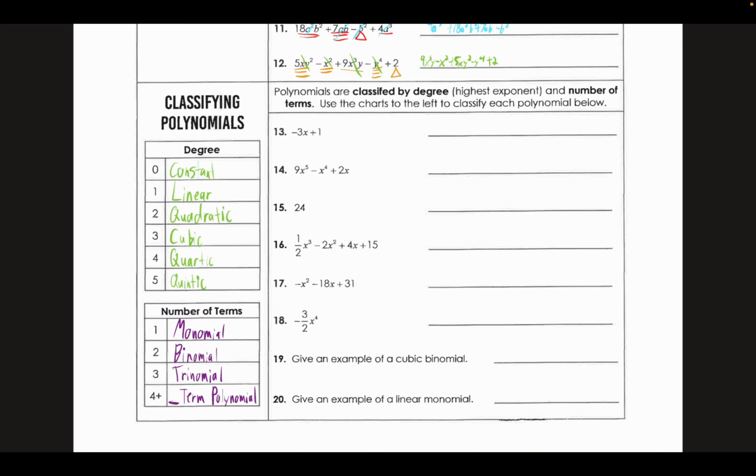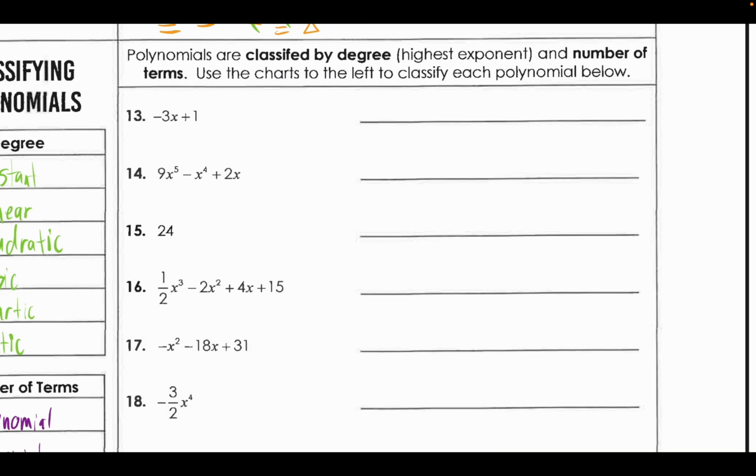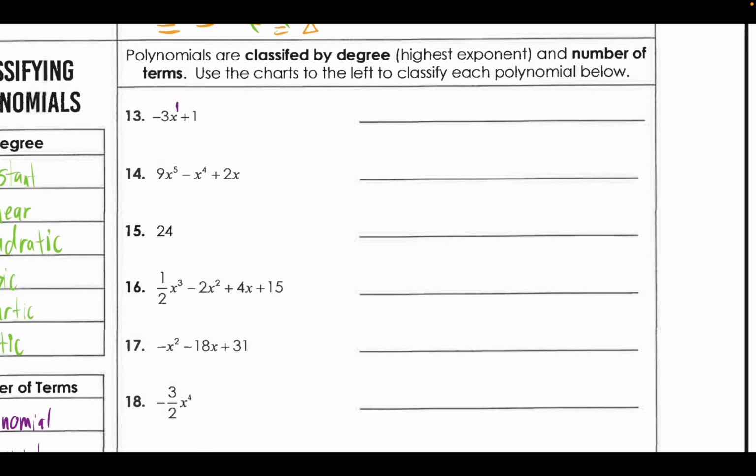However, I will tell you on 13 through 18, there are none that need to be combined. So number 13, our highest exponent is this invisible 1. Highest exponent means exponents on a variable specifically. So this is linear, since it has a highest exponent of 1, or a degree of 1. And because there are 2 terms, it is a binomial.